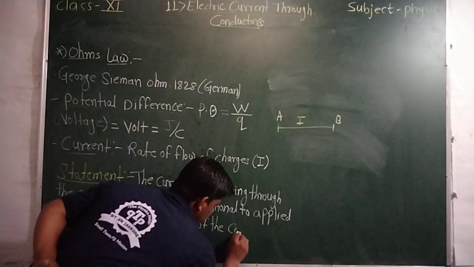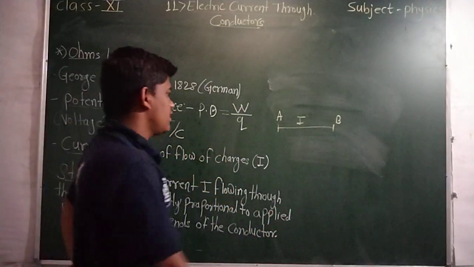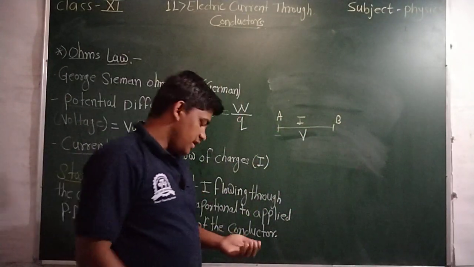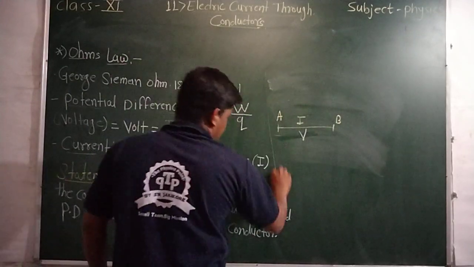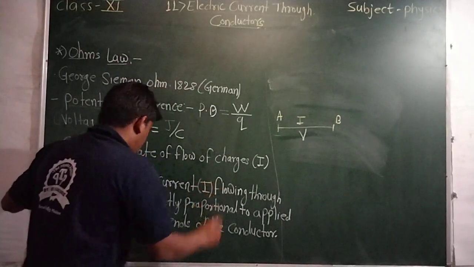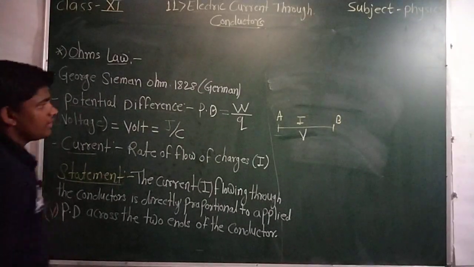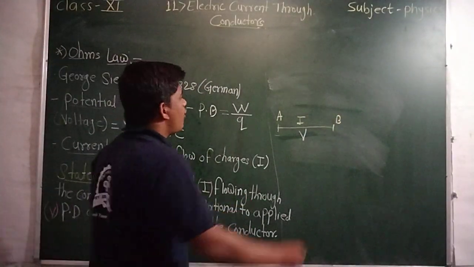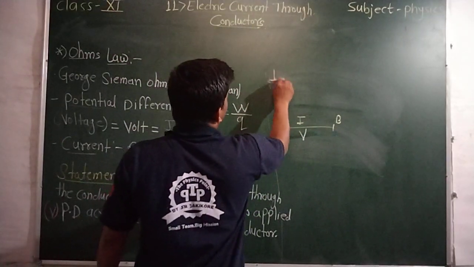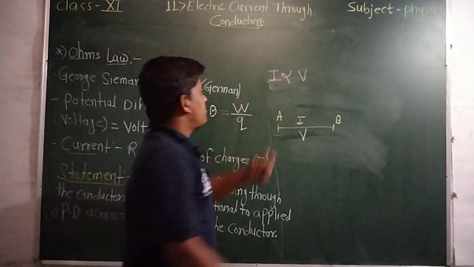The two ends of the conductor are A and B, as shown in the diagram, and the potential difference between them is considered as V. By Ohm's law, the current I through the conductor is directly proportional to V.